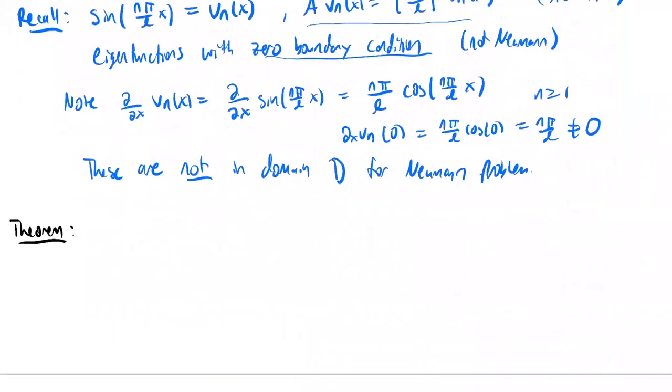I'll break it up into two parts. So the first part is the functions, let me call them, instead of v, since I used v before, w n of x, which are given by cosine of n pi over L times x.